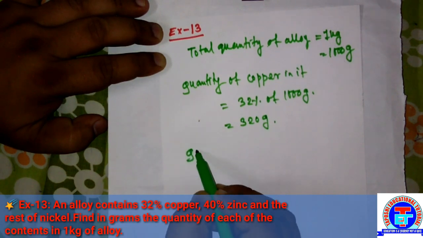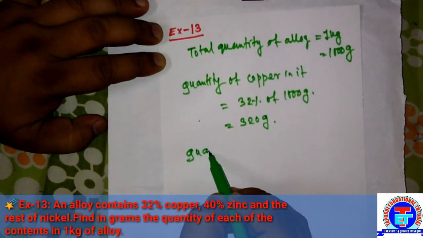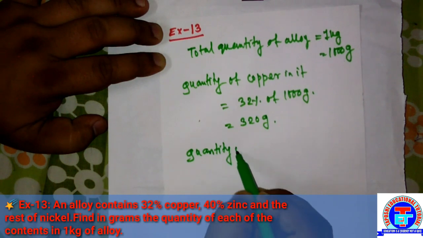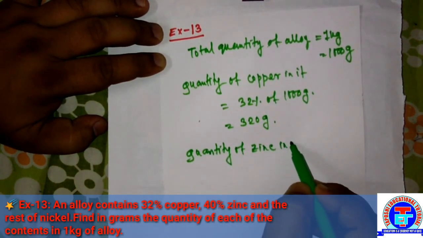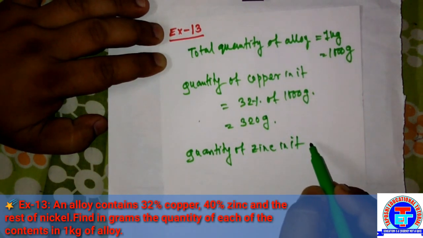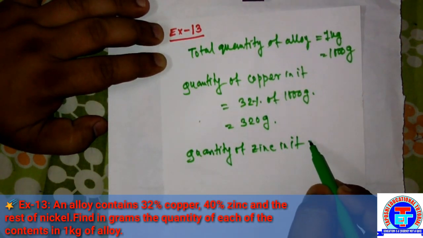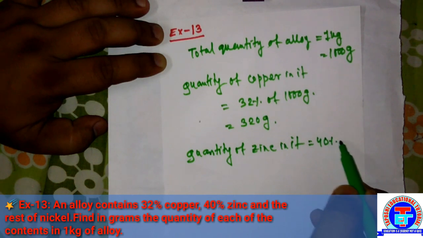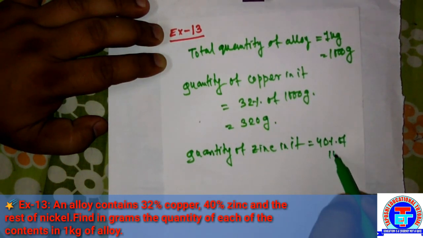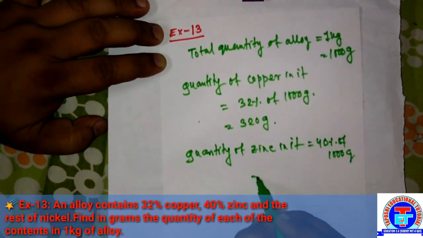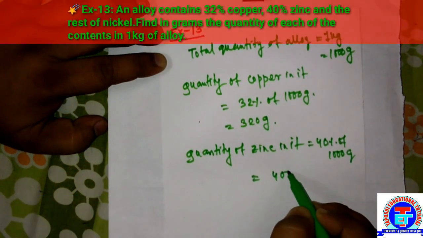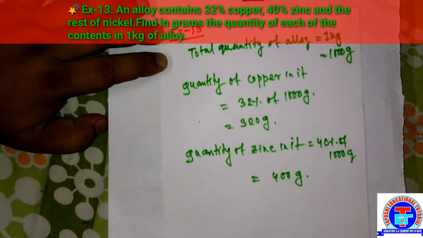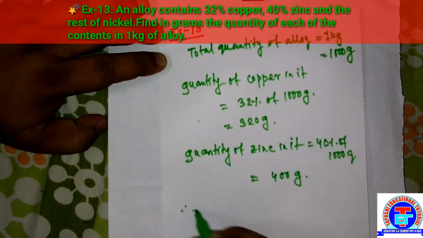Now quantity of zinc in it is equal to 40% of 1000 gram. That means it will become 400 gram, right?